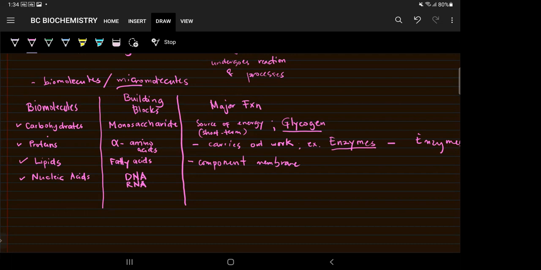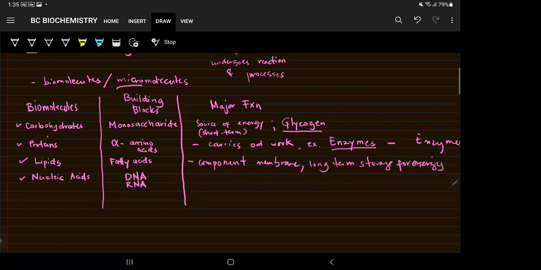So it's a component of the cell membrane, okay? And at the same time, if carbohydrate is used as a short-term storage and as a source of energy, ito namang ating lipids is a long-term storage for energy, no?